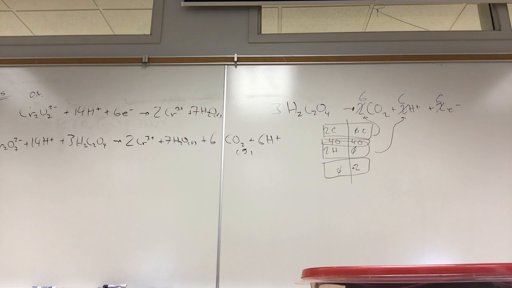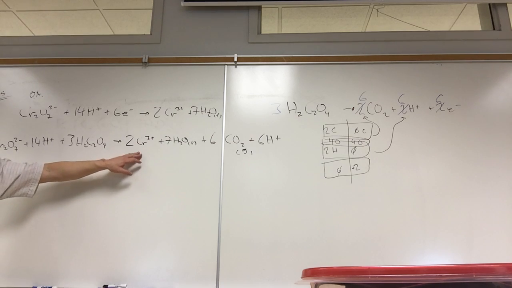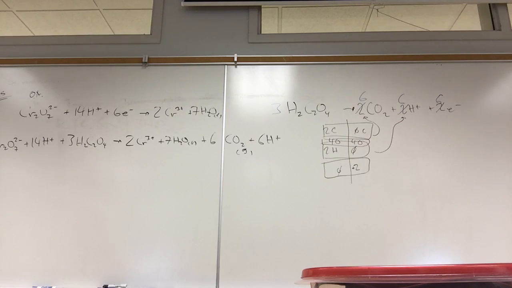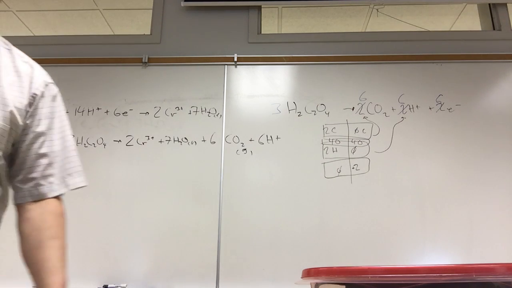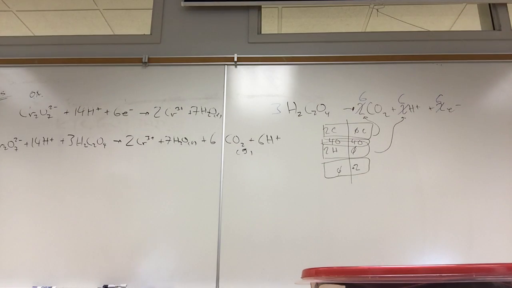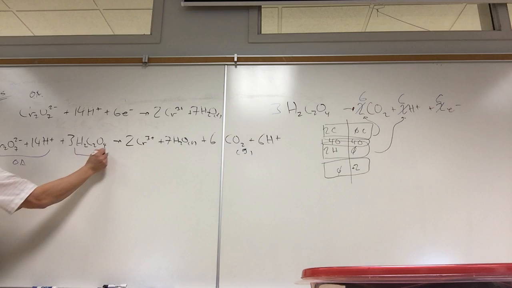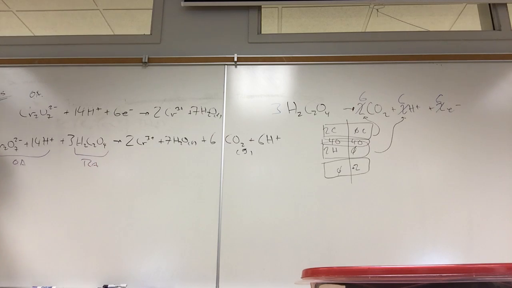So essentially what we're doing is converting the chromium from chromium 6 in dichromate to chromium 3 in the Cr3 plus ion. Is there a driving force for this? Yeah, there sure is. And so here's our oxidizer. Here's our reducer. Going backwards, what's our oxidizer, what's our reducer?